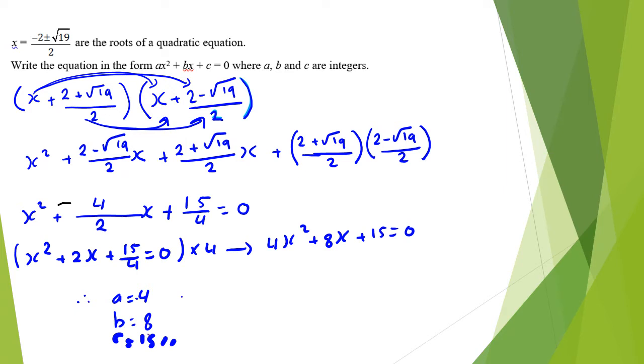You don't have to write the values of A, B, and C, because they just ask you for the equation in the form ax squared plus bx plus c, and that's your final answer.